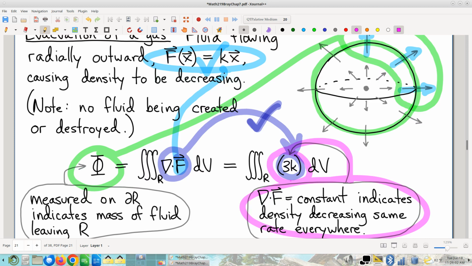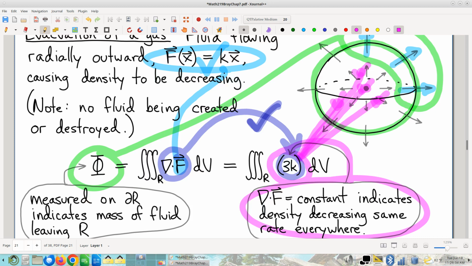So the fact that at this point the divergence is 3k is a commentary on how fast the density at that point is decreasing. And this point right here, or that point right there, whatever point you're looking at, it's always the same amount that the density is decreasing at every point on the inside. And by the way, it better be.